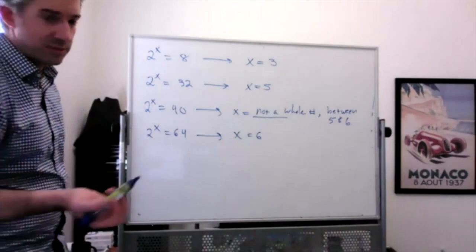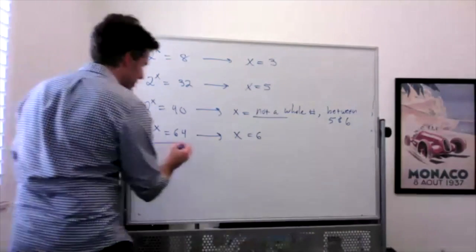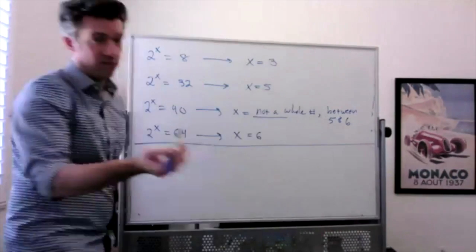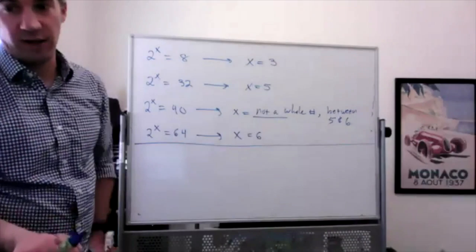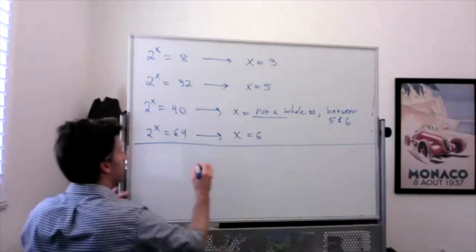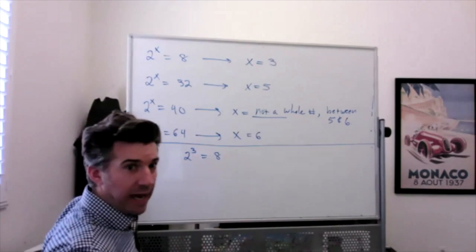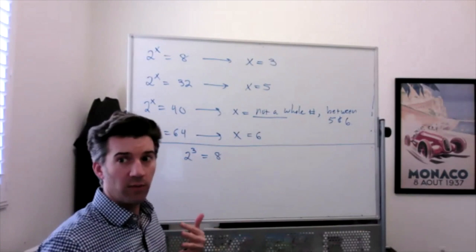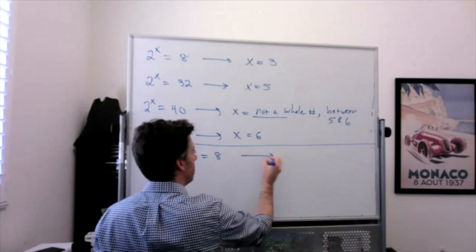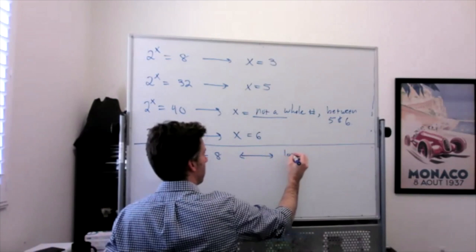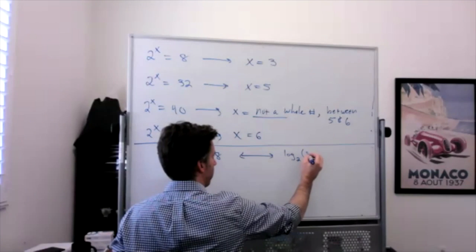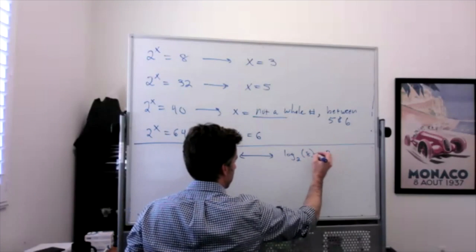So here's the deal. And here's the example that I really do keep in my head all the time. 2 to the third equals 8 has an equivalent logarithmic form. And the equivalent form is that log base 2 of 8 equals 3.